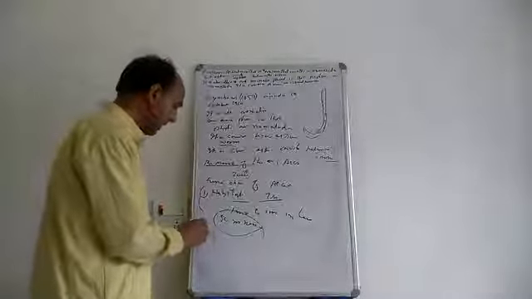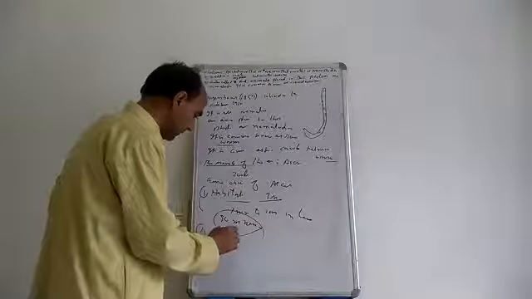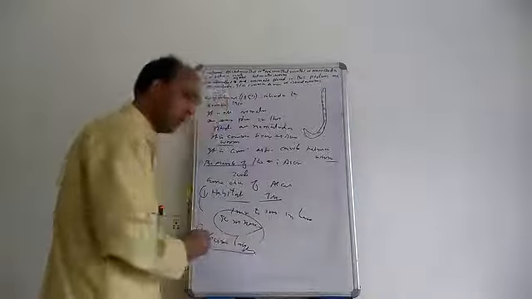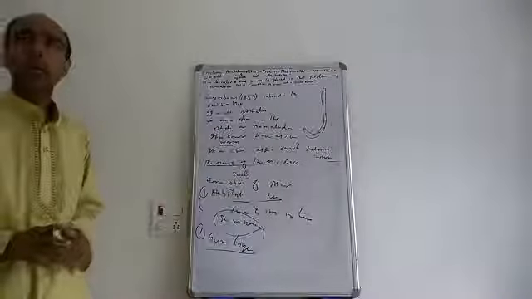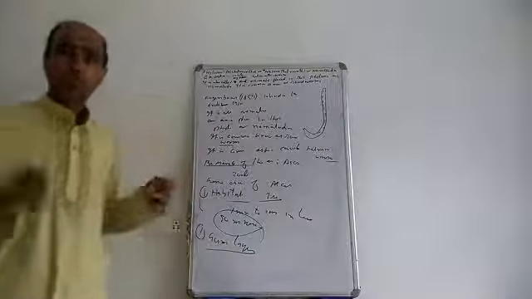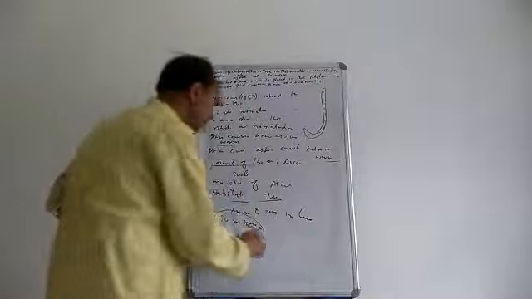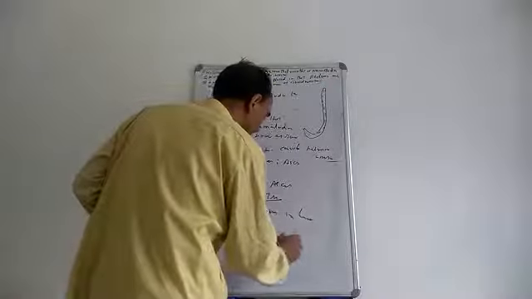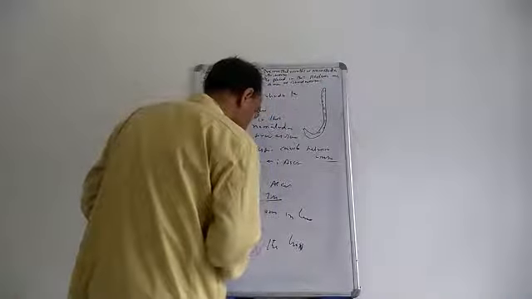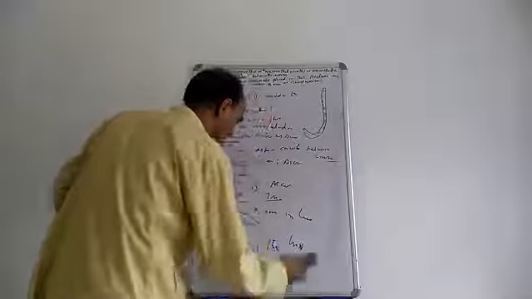Second is germ layers. The Nematoda are triploblastic, meaning they have three germinal layers.